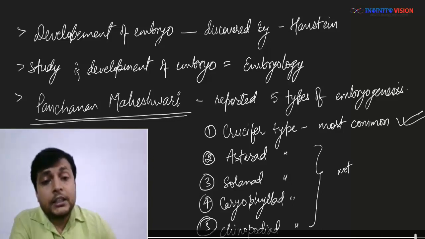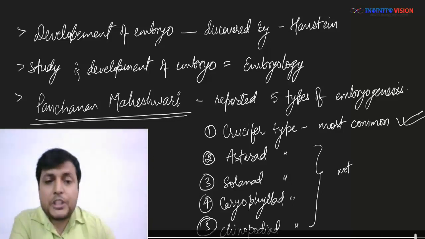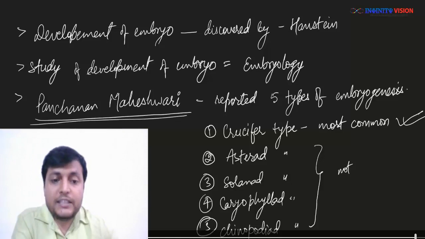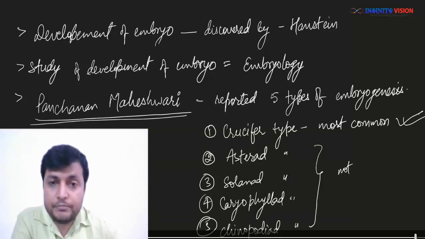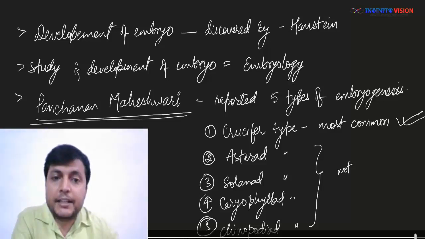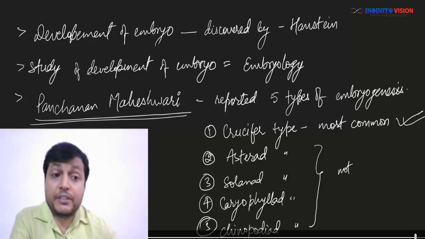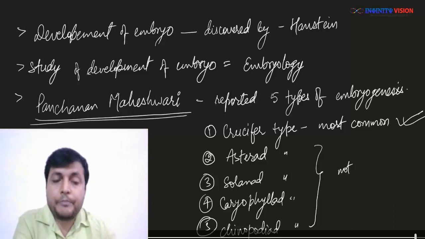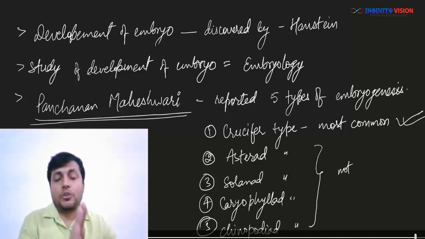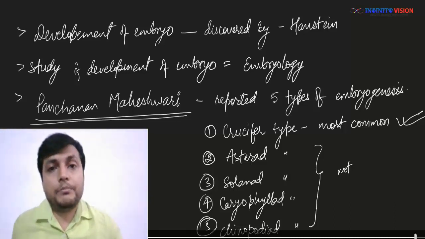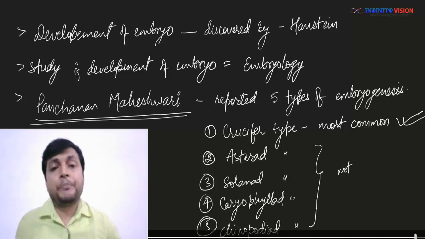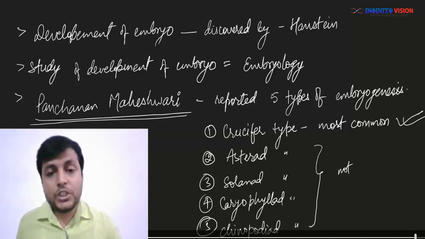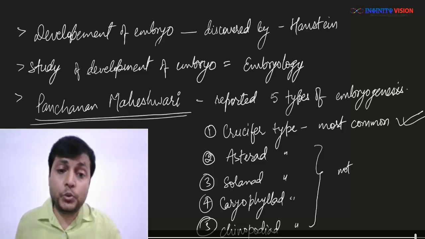This I am telling you just for your knowledge. From the exam point of view, it is not that important, so I would not advise you to mug it up or devote a lot of time to it. Just understand that there are 5 different types of embryogenesis, and the one you studied is not the only way embryo development occurs in plants. It is the most common type, but not the only type.